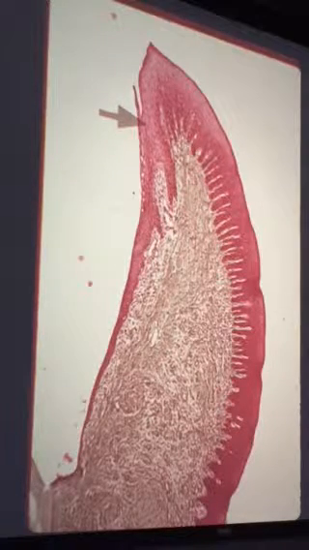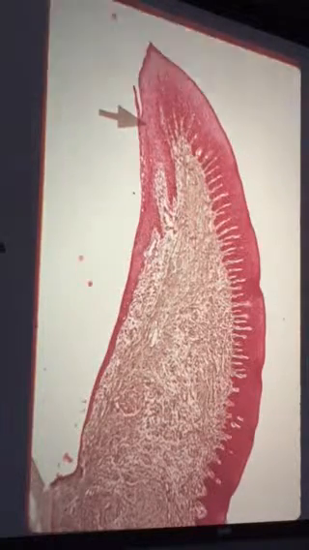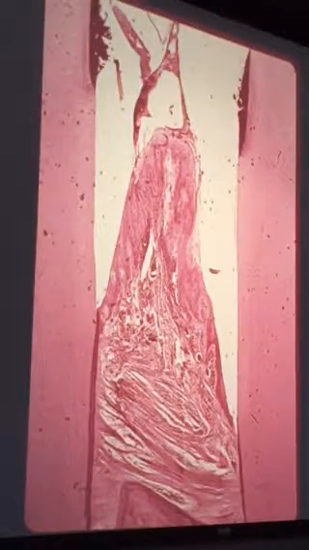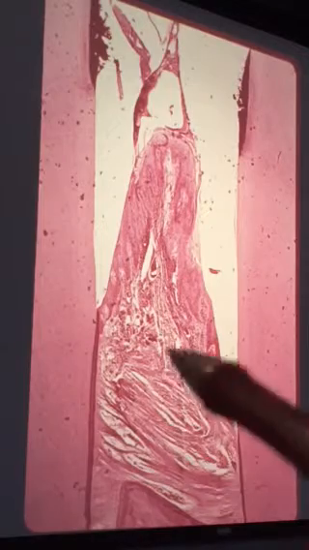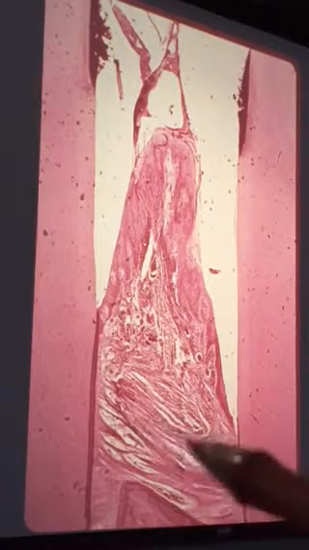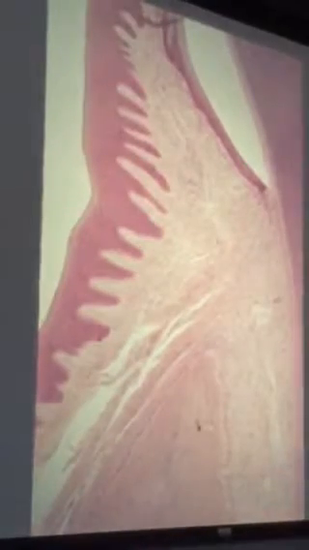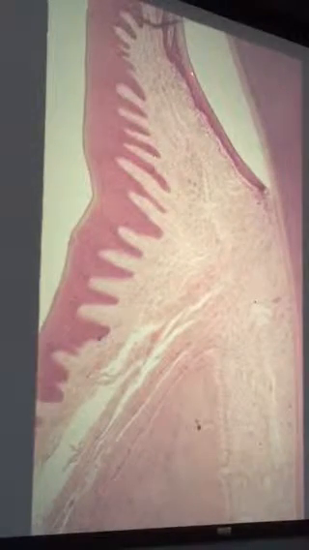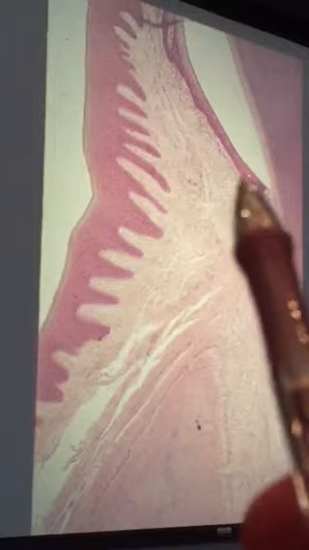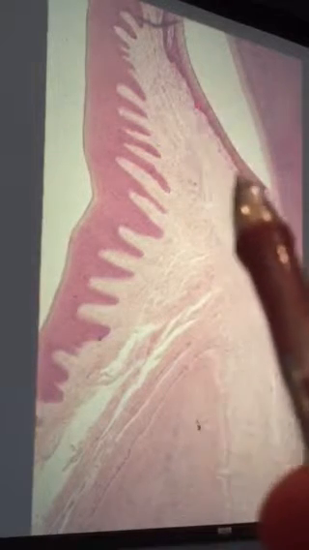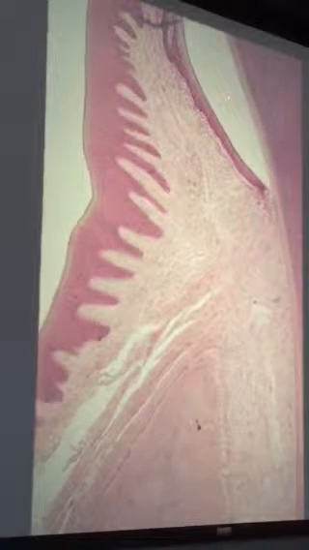Junctional epithelium. Okay, and how about these fibers that we see right there? Transseptal fibers. Okay, and this tissue right here specifically? Junctional epithelium, because that is the enamel space right there.